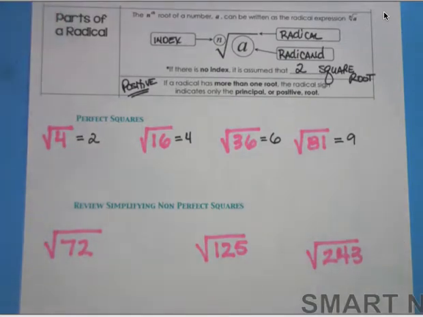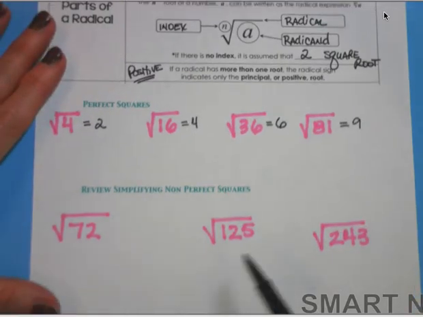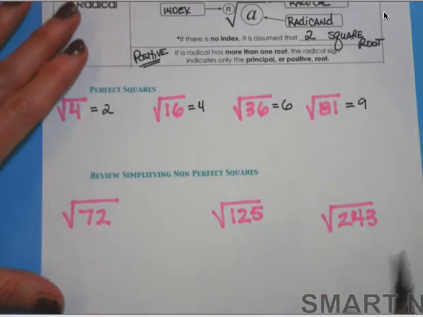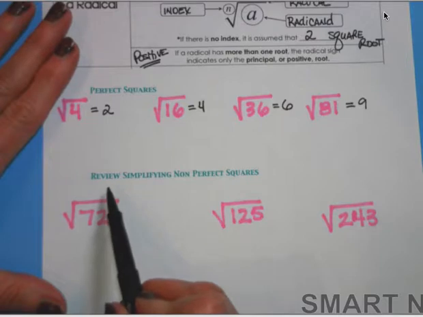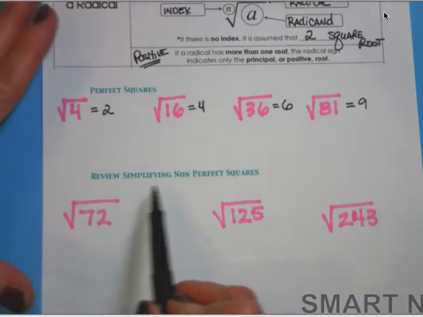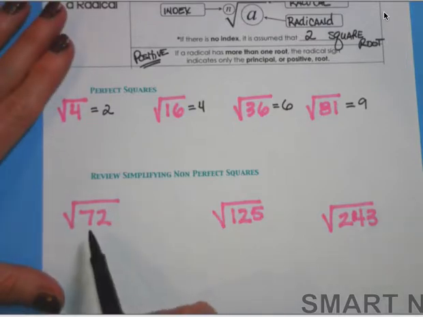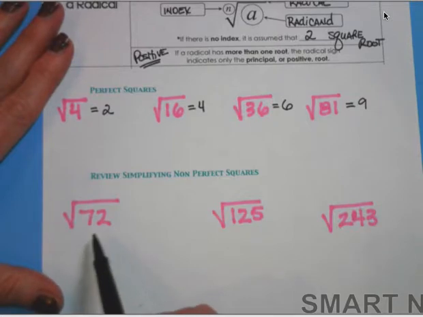And then the other skill that we had learned earlier in the year, we learned how to simplify non-perfect squares. So I would like to go back and talk about that for a few minutes before we catch our new skill. I've chosen the square root of 72, just to review an old skill. Remember, in order for the answer to be considered in completely simplified form, reduced radical form, no perfect squares remain underneath the radical.